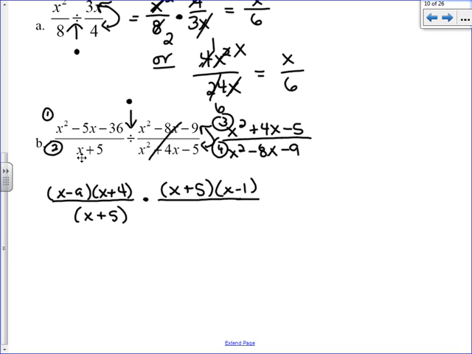So multiplies to negative 5, adds to positive 4. And then last, I'm trying to multiply to negative 9 and add to negative 8. Brittany, got a pair for me? Negative 9 and positive 1. So x minus 9, x plus 1.